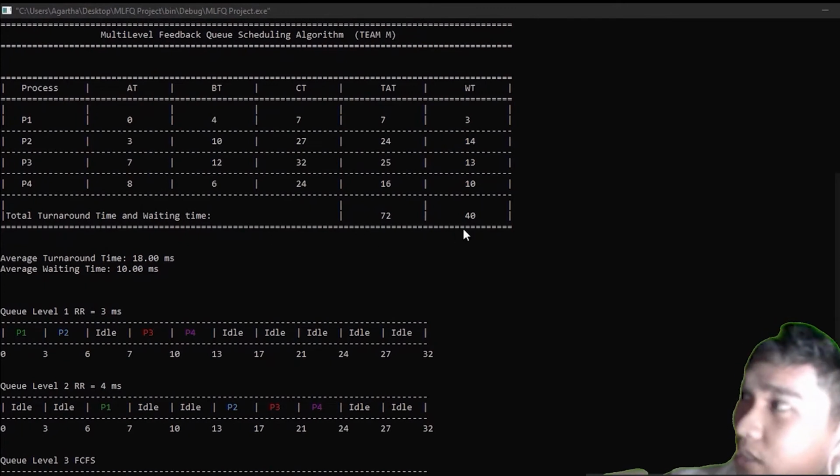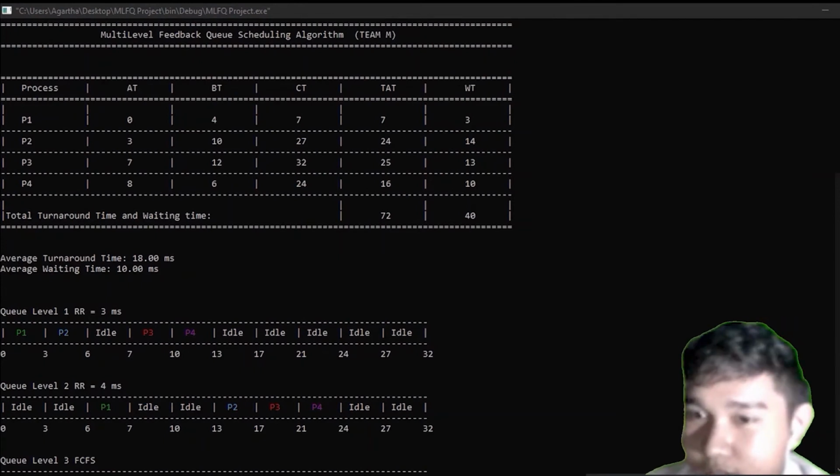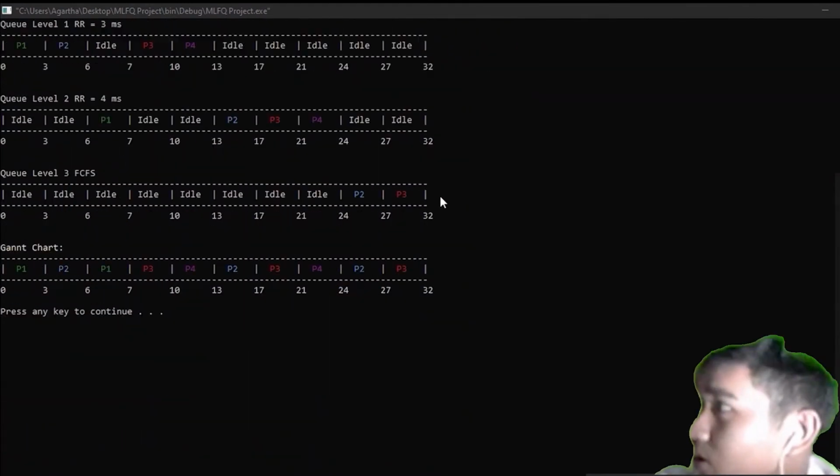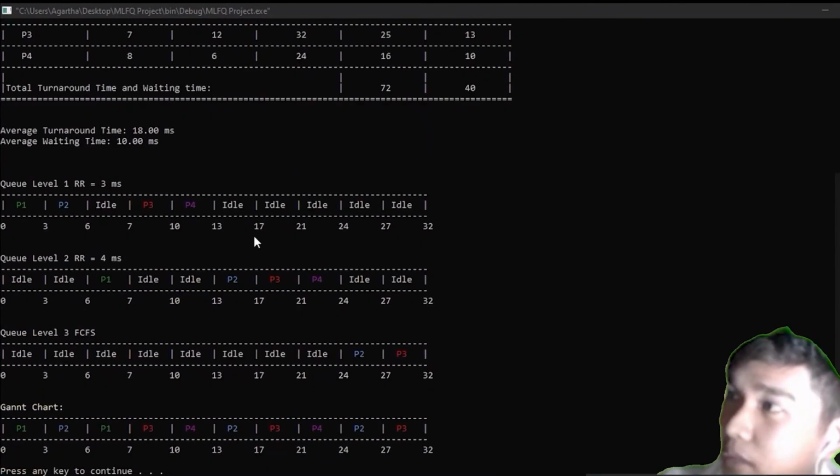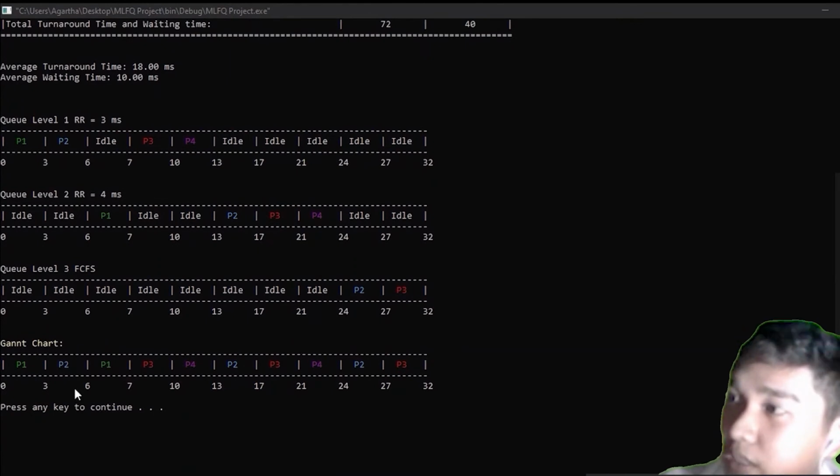Then for the waiting time, 40 divided by the entered number of processes, which is 4. So the average waiting time is 10 milliseconds. So the program completes its goal and it shows the table, Q level, Gantt chart, and the final Gantt chart.